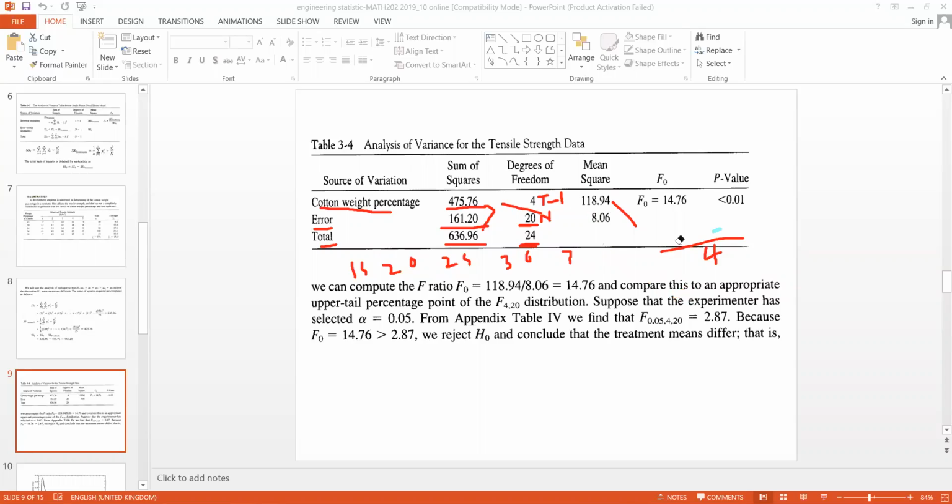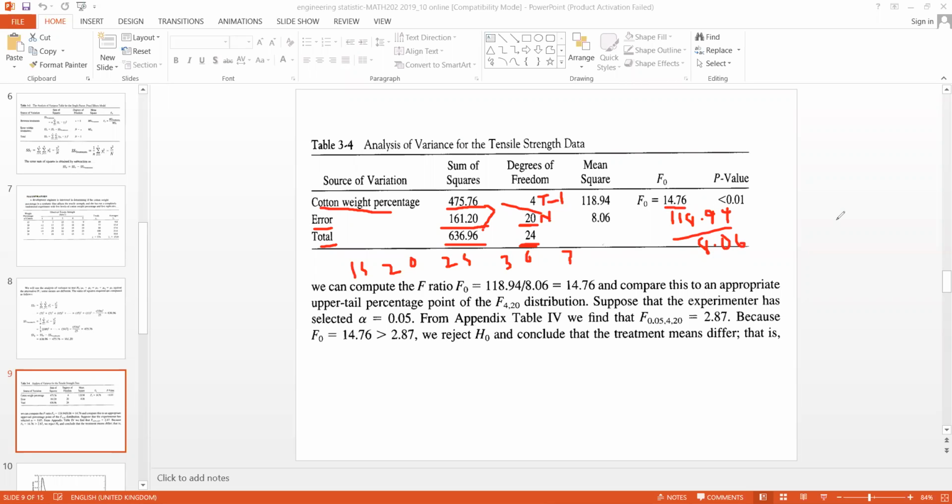Good. So when you're done, the next thing to do is to calculate your F statistic. The F statistic is given by your MS treatment, which is 118.9, divided by 8.06. Once you calculate that, it should give you 14.76.